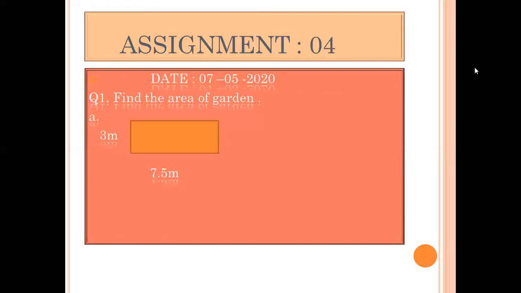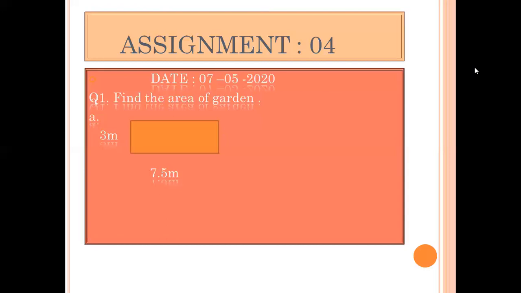But do your work very neat and clean, and you must draw the diagrams with each part, with each question. The diagrams are necessary for each part. Also in the assignment, draw a very neat and labeled diagram. Labeled means you mention the length and breadth in the diagram.